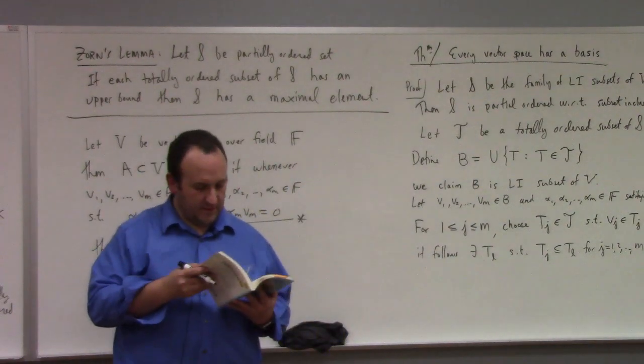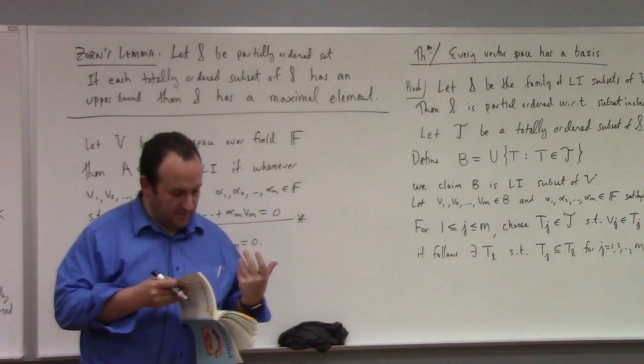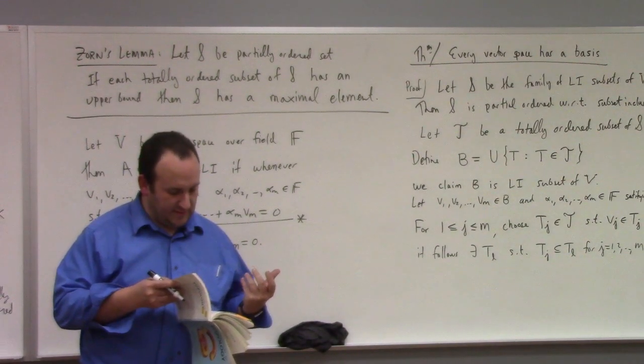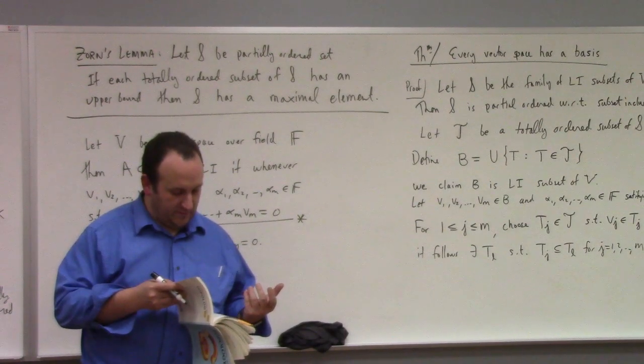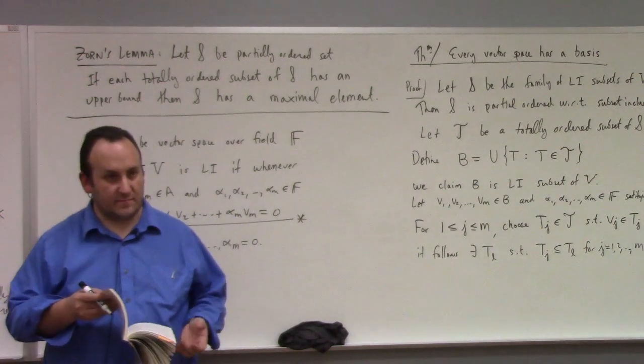And then the v_j's all belong to t_L. And since t_L is a linearly independent set, the star relation implies that all of the alphas are 0, which then proves that B is a linearly independent set.